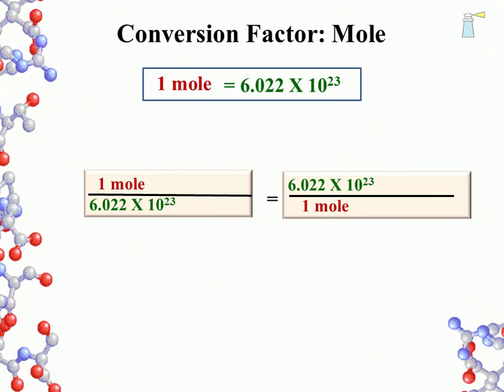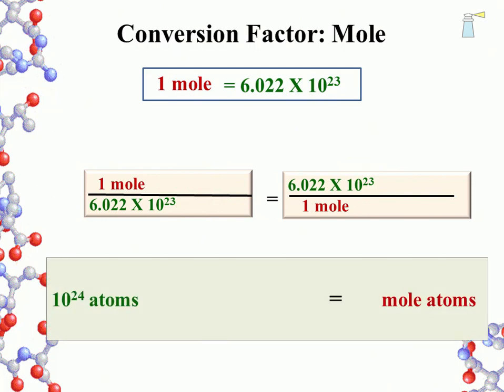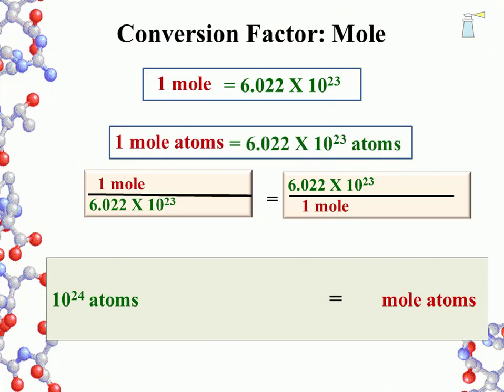Consider the conversion of 10 to the 24th atoms into moles of atoms. The definition of a mole of atoms leads to these two unit factors. In the problem, atoms are the current unit, and moles are the desired unit. Which unit factor is the appropriate one for the conversion?